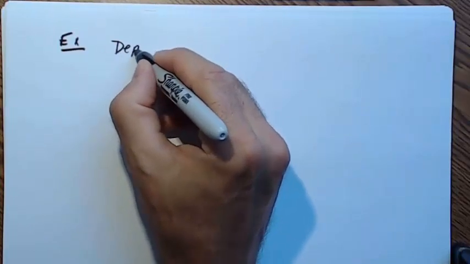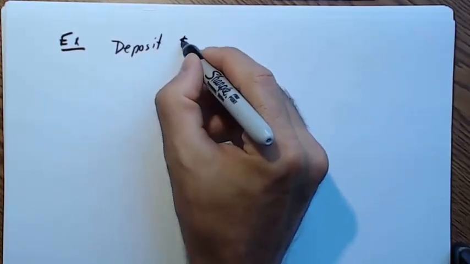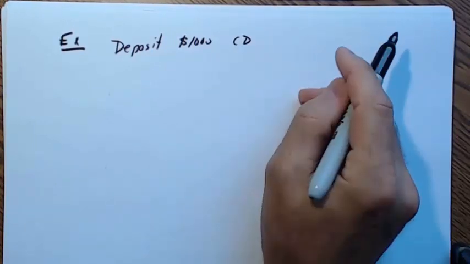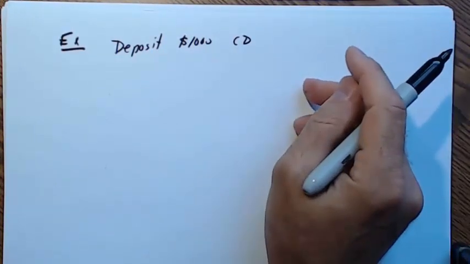The best way to introduce the material is to give you an example. Okay, so here we have an example. Suppose you deposit $1,000 today in a CD, a certificate of deposit, with a 1-year maturity.